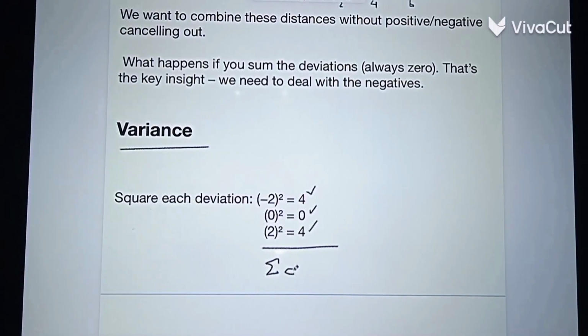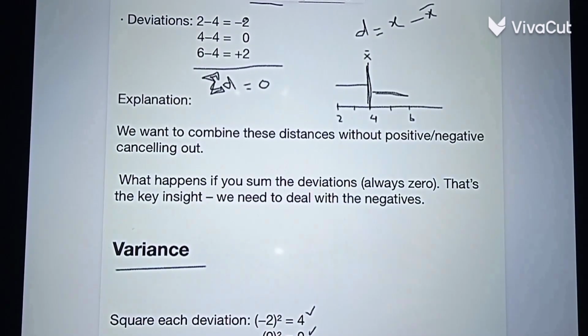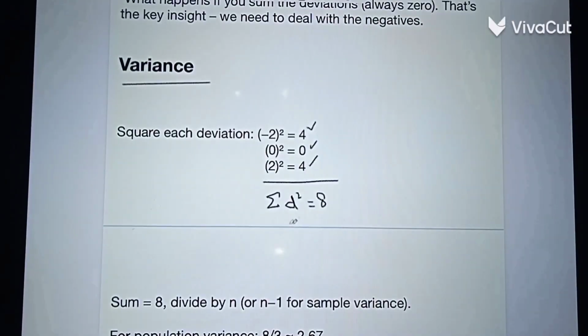Now summation d is actually summation d square, because we took square deviation. So this is equal to 4 plus 4, 8. Because minus 2 squared is 4, then 0 becomes 0, and then plus 2 becomes 4 again. So the sum of square deviation is 8 now.